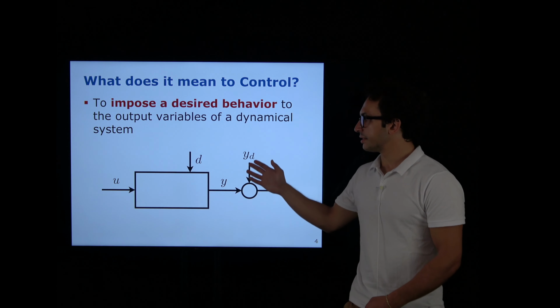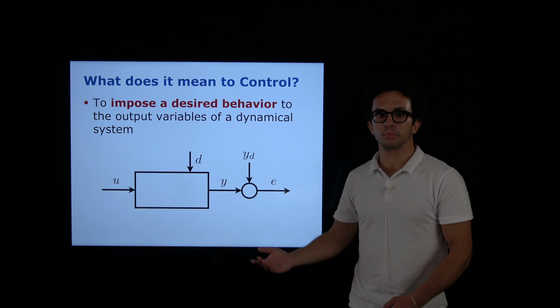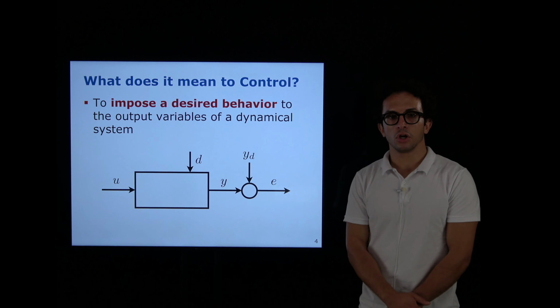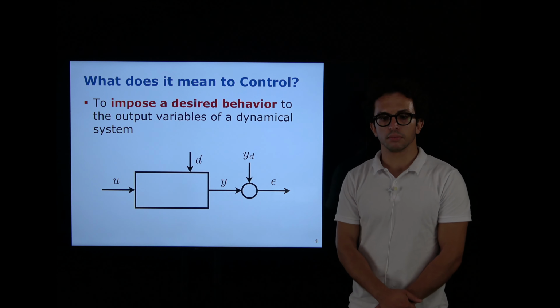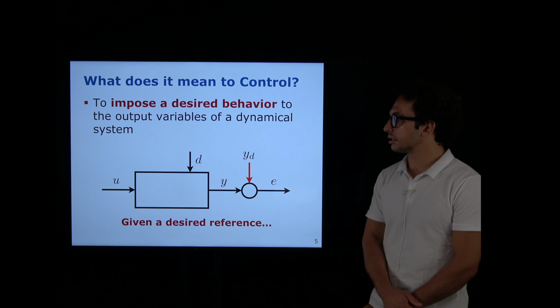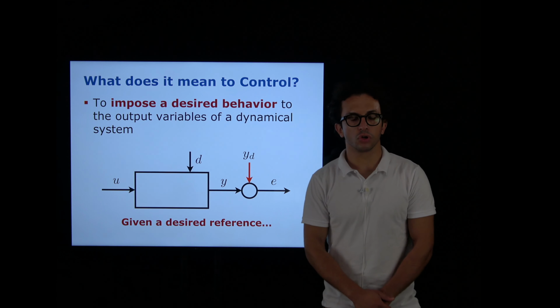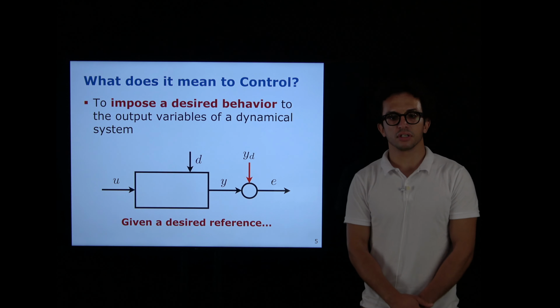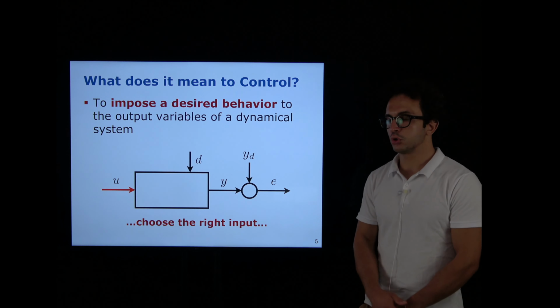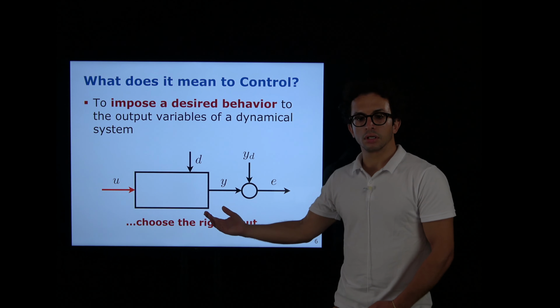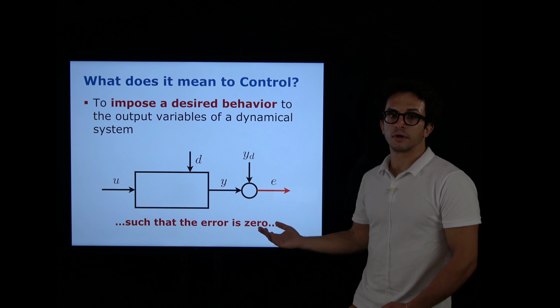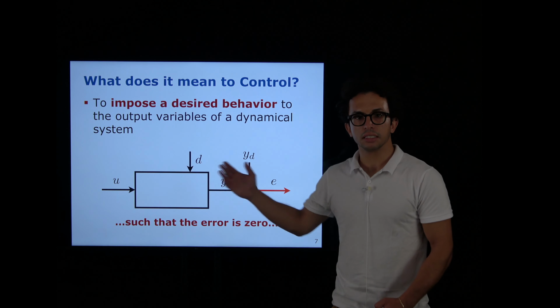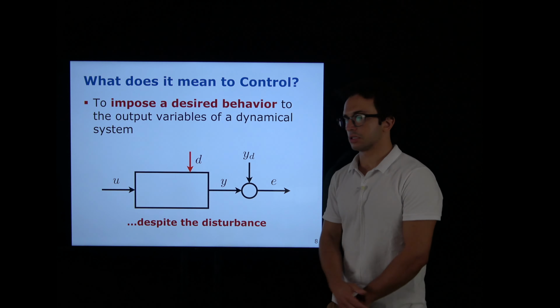So we want a desired behavior to be imposed to a system. To control a system means basically that given a desired reference, a desired behavior, we want to choose the right input such that the error is 0. And all of this needs to happen despite the disturbance.